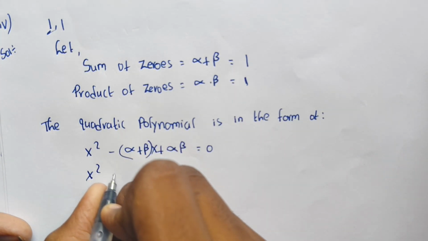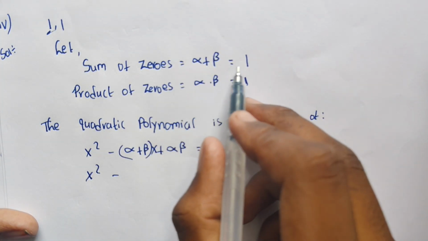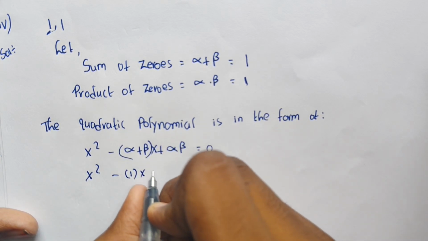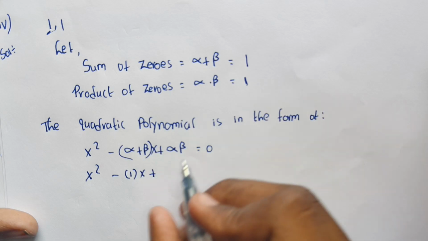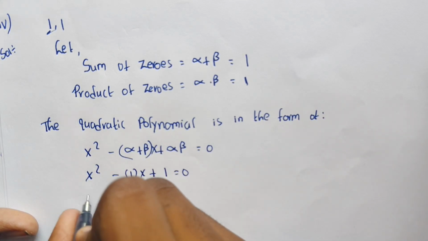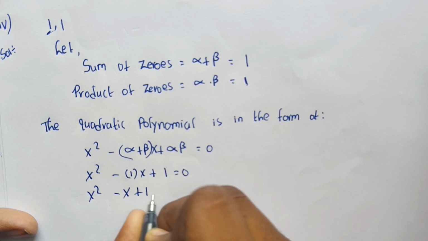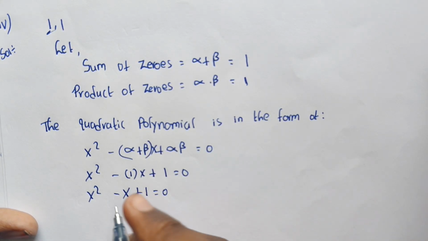X square minus, alpha plus beta is 1, so 1 into x, plus alpha beta is 1 equals to 0. X square minus 1 into x plus 1 is equals to 0. We got the quadratic equation.